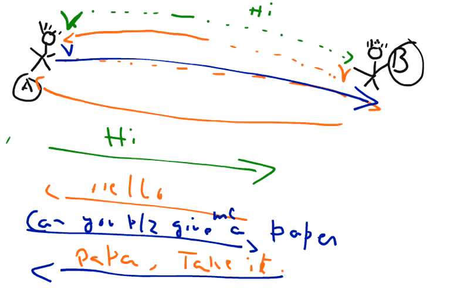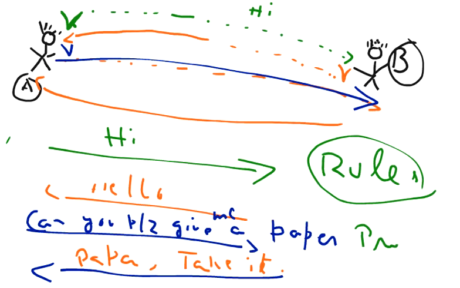So friends, as you have seen, these two persons are communicating with each other, and they are following some rules, that is, they are following some protocols to communicate with each other. And we can consider person A as a client and person B as a server.